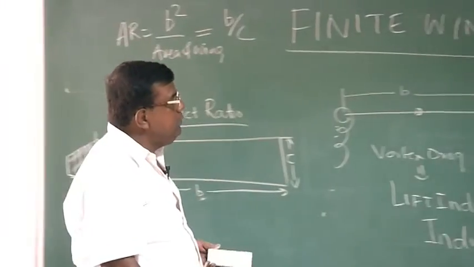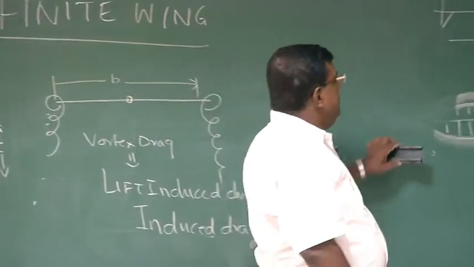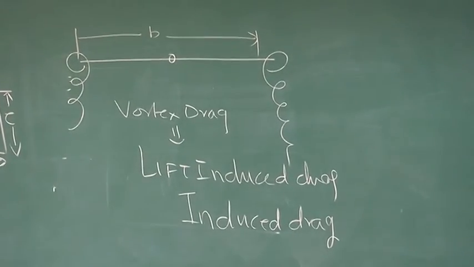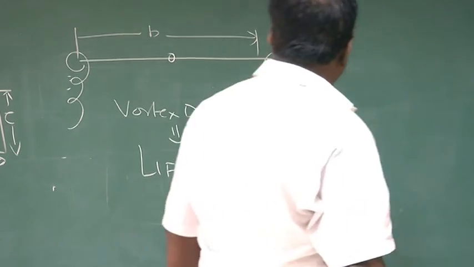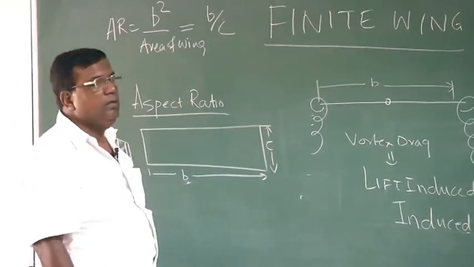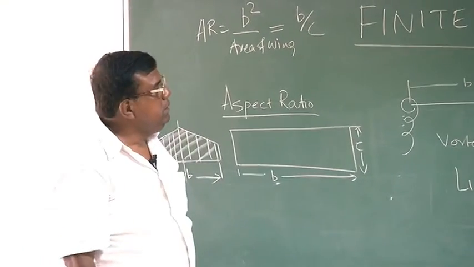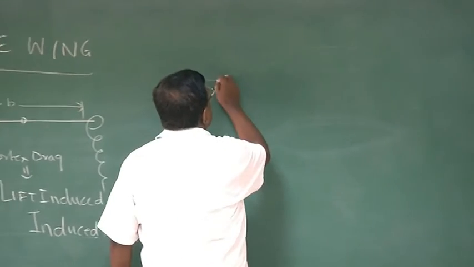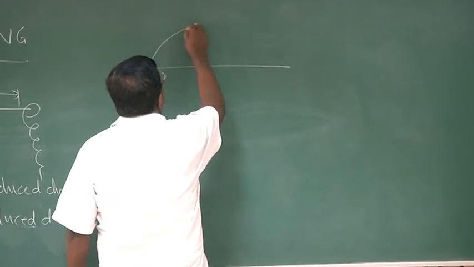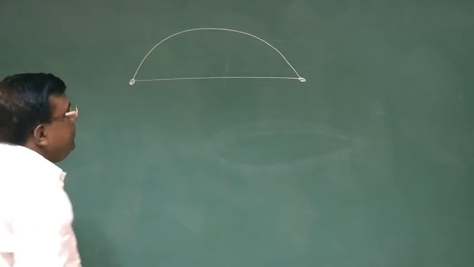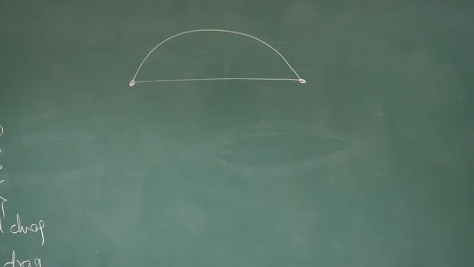While discussing induced drag, we very lightly mentioned something about lift distribution. We talked about elliptic lift distribution where the induced drag will be minimum, and the lift distribution was typically something like this, where if you see here, there are no pressure differences, right?